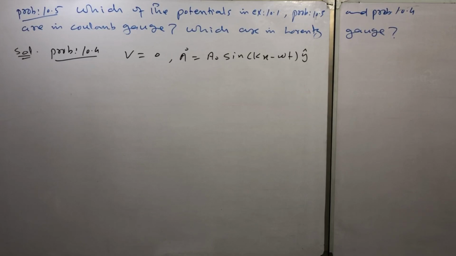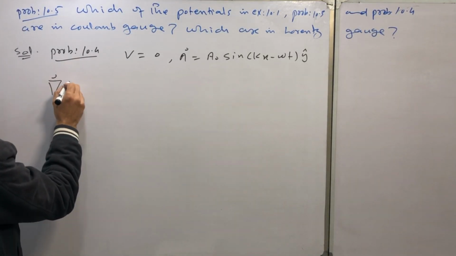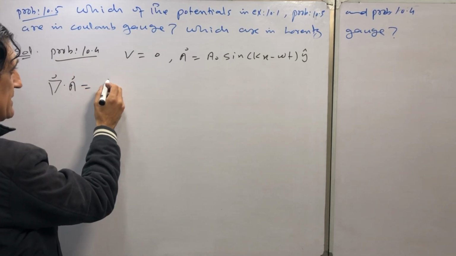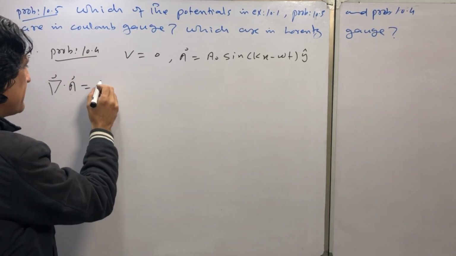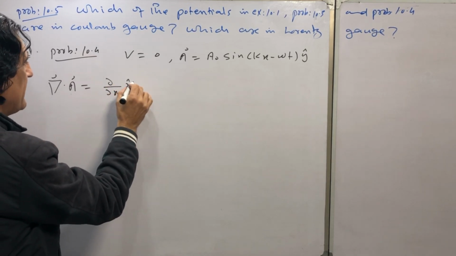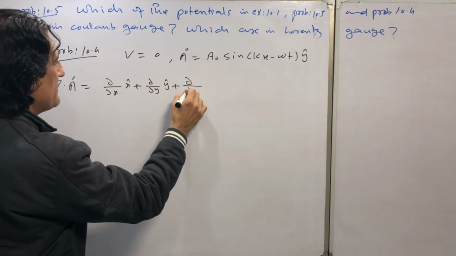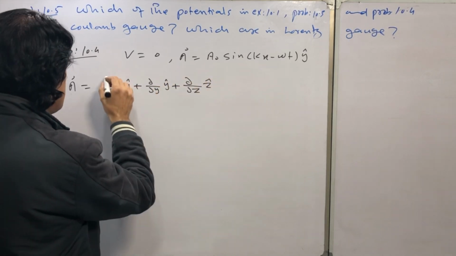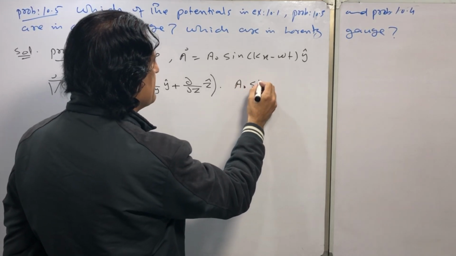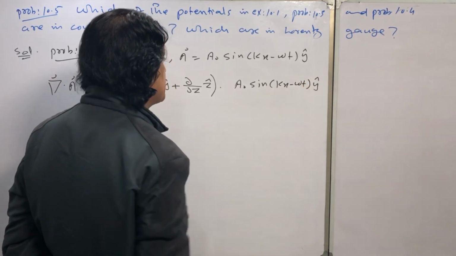This is a similar case. If we take the divergence, partial divided by partial x, partial divided by partial y, partial divided by partial z, dot A naught sine of (kx minus omega t) in the y direction.